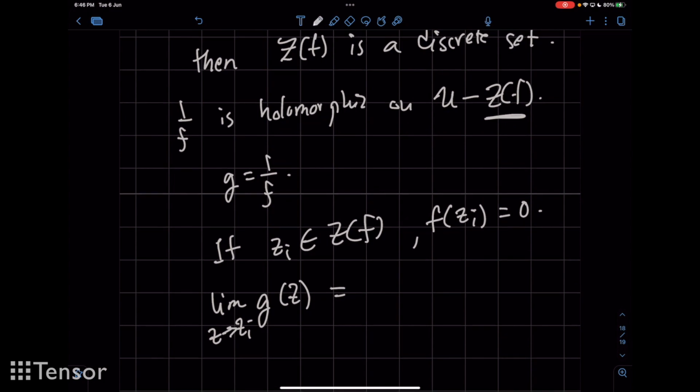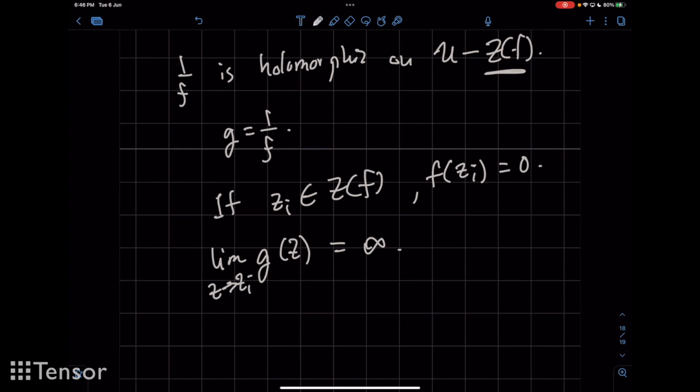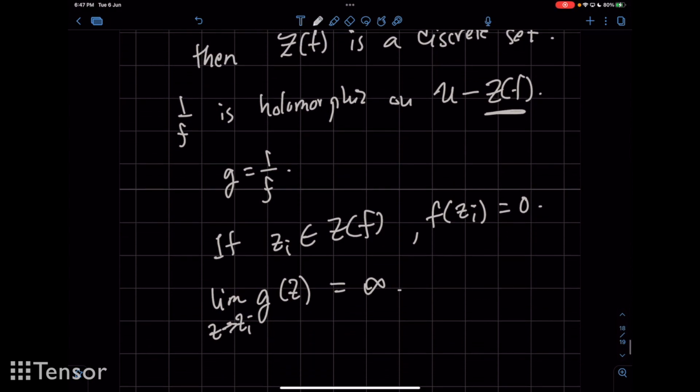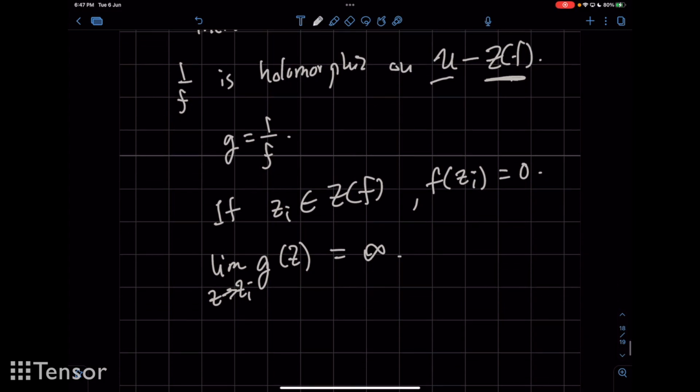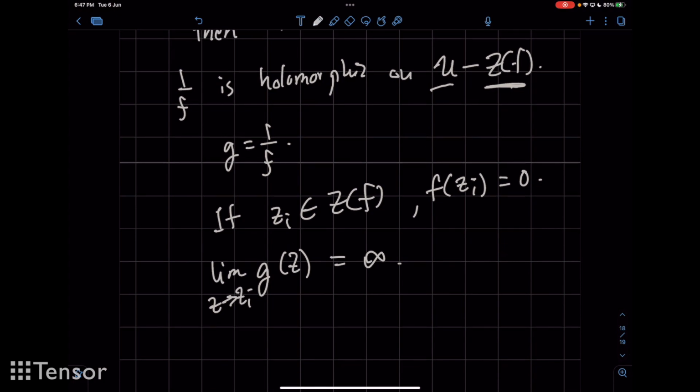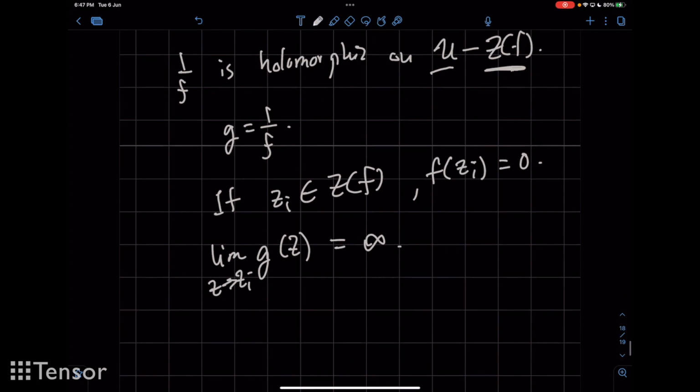So we get that 1 over f is holomorphic on our open set except a discrete set, and on that discrete set the value of g is infinity.